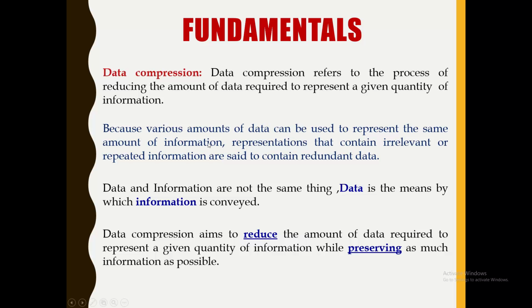Because various amounts of data can be used to represent the same amount of information, representations that contain irrelevant or repeated information are said to contain redundant data. There is a difference between data and information. Data and information are not the same thing. Data is the means by which information is conveyed. So data compression aims to reduce the amount of data required to represent a given quantity of information while preserving as much information as possible.